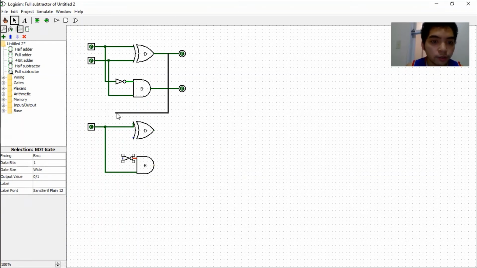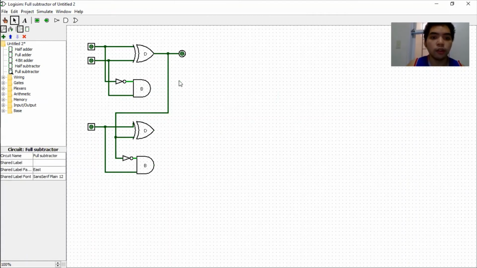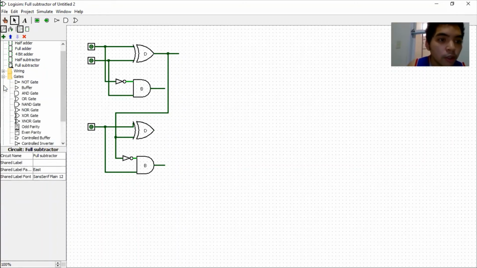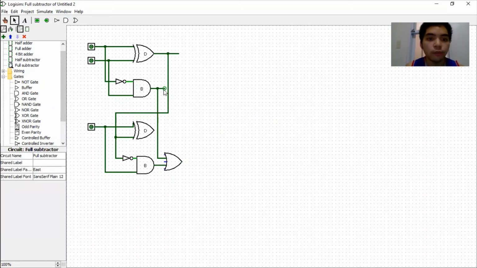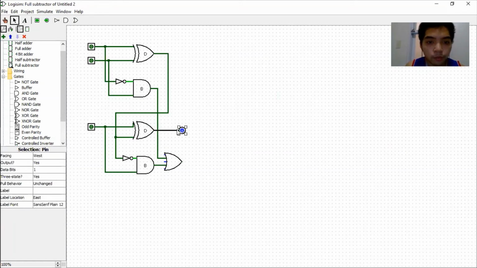So for the difference, the borrows must also be ORed to one another. So we need to have an OR gate. We need to OR it, and this is for the difference. Okay, difference, and this is for the borrow.